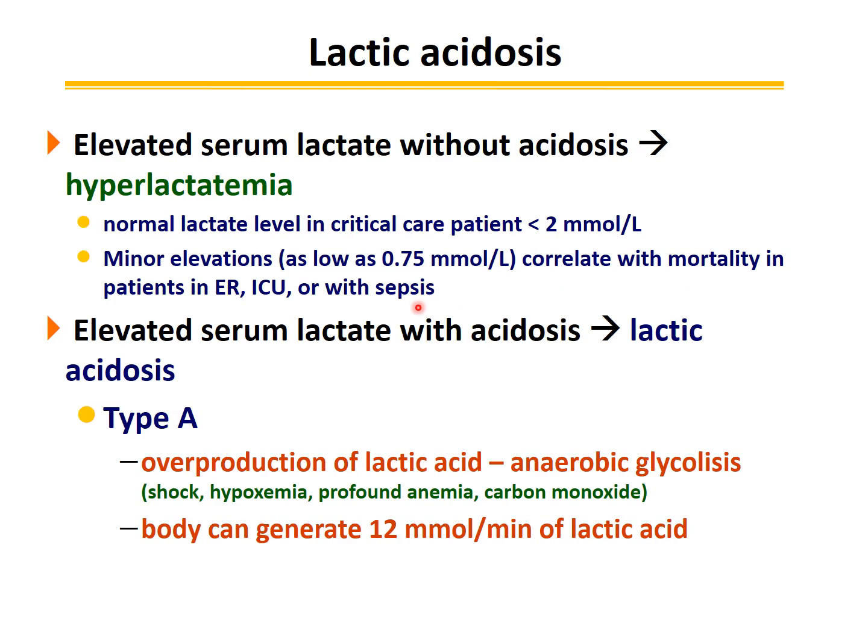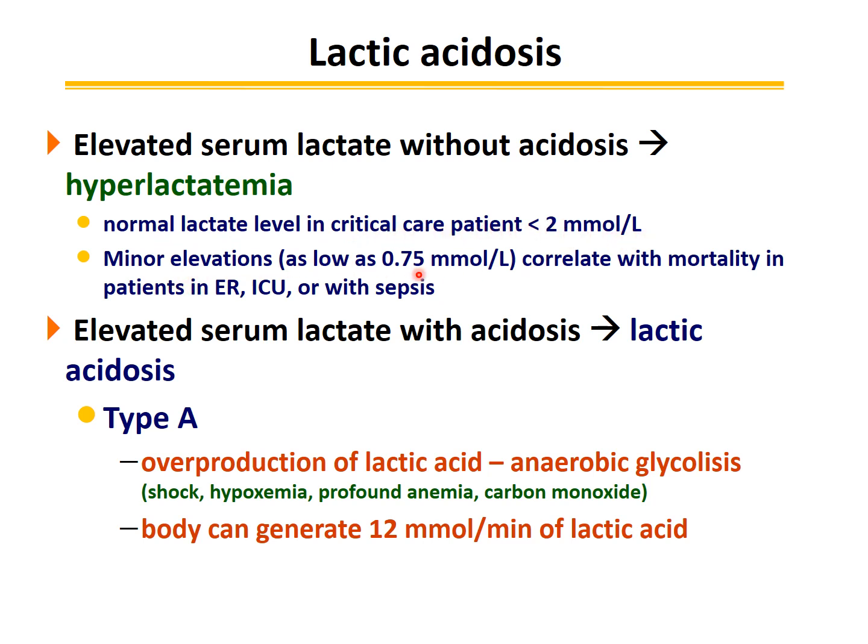Now, lactic acidosis. There are two different parts of lactic acidosis. Hyperlactemia usually means that we have an elevated lactate level; however, this does not influence the pH. The normal lactate level in the critical patient is relatively less than 2 millimole per liter.